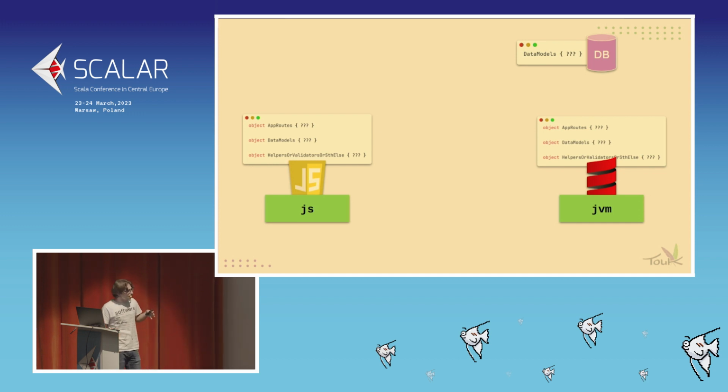So we often have to rewrite the same logic because we want to have the validation as soon as possible. If the user is sending a request, we want it to be validated quickly. We do not want to call the backend to tell us that some simple field is not correct, like, I don't know, the name is too short, the age is too low, whatever. And we also have to do the same thing on the database as well. We have to define our data model somewhere.